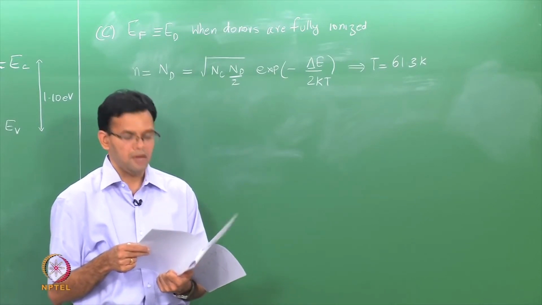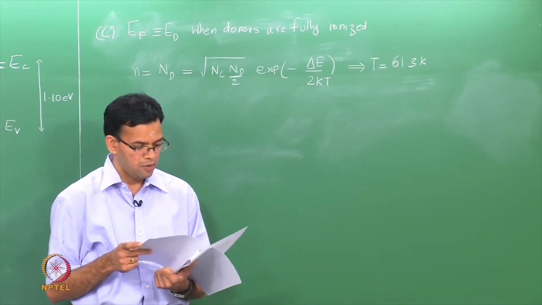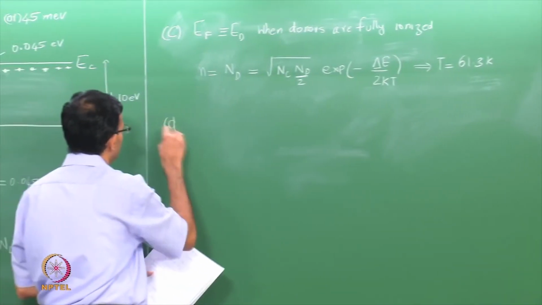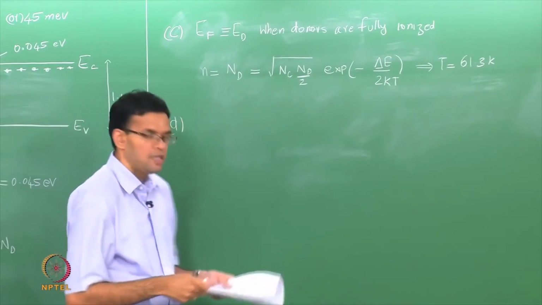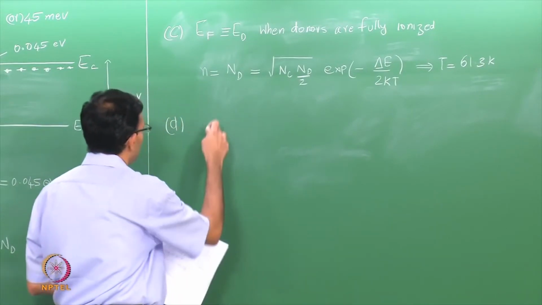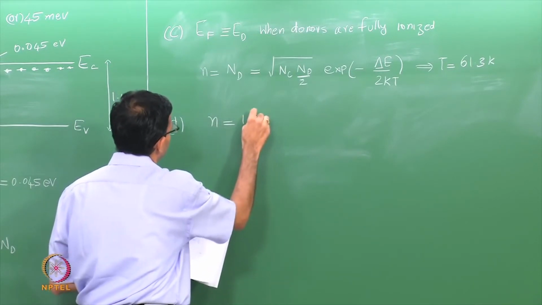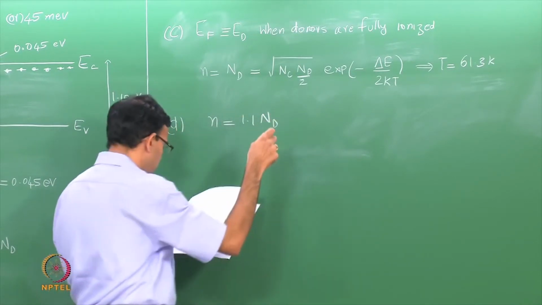So, part D, estimate the temperature when the sample behaves as if it is intrinsic. When the sample behaves like an intrinsic semiconductor, N is around 1.1 Nd.